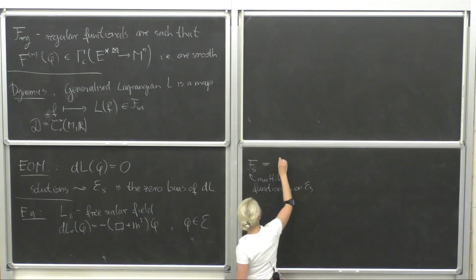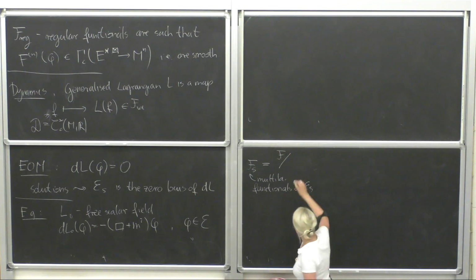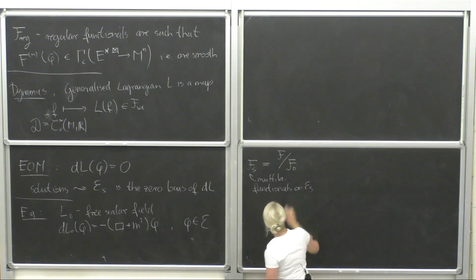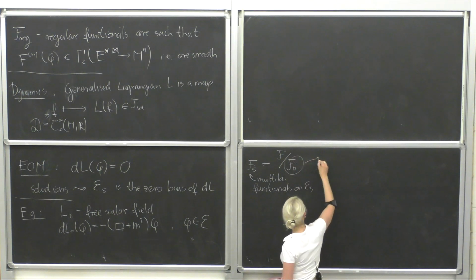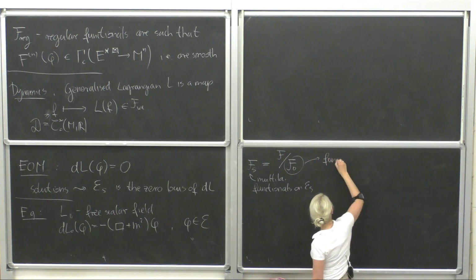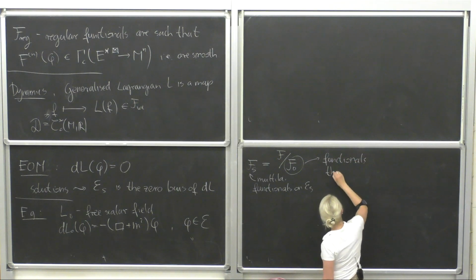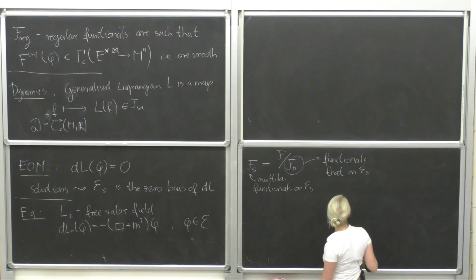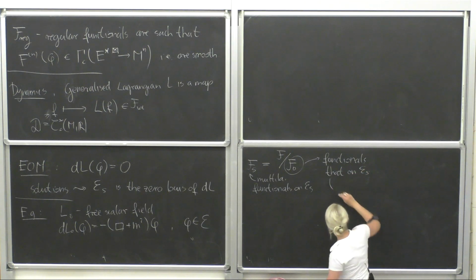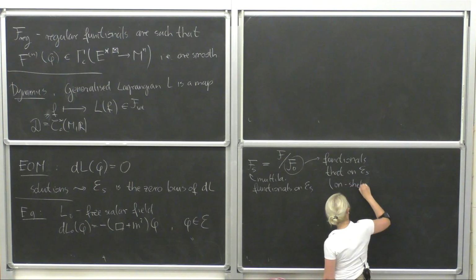What is it? Well, it's a quotient of all the functionals through the functionals that vanish on the solution space. So this is functionals that vanish on ES. We use the term vanish on shell. So we call it on shell.